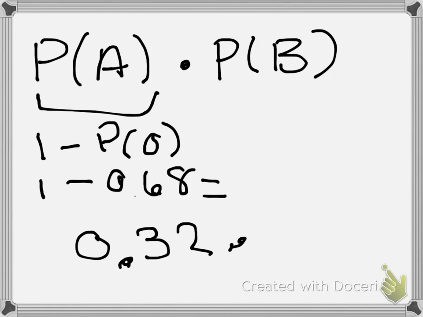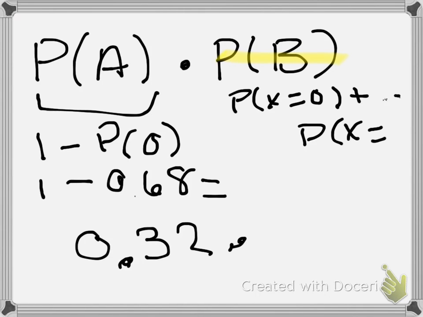Times, now I'm going to do this separate part right here. The probability of B, and remember that B is working out less than 5 times per week. So here I'm going to add up the probability that X is equal to 0 all the way up to the probability that X is equal to 4.